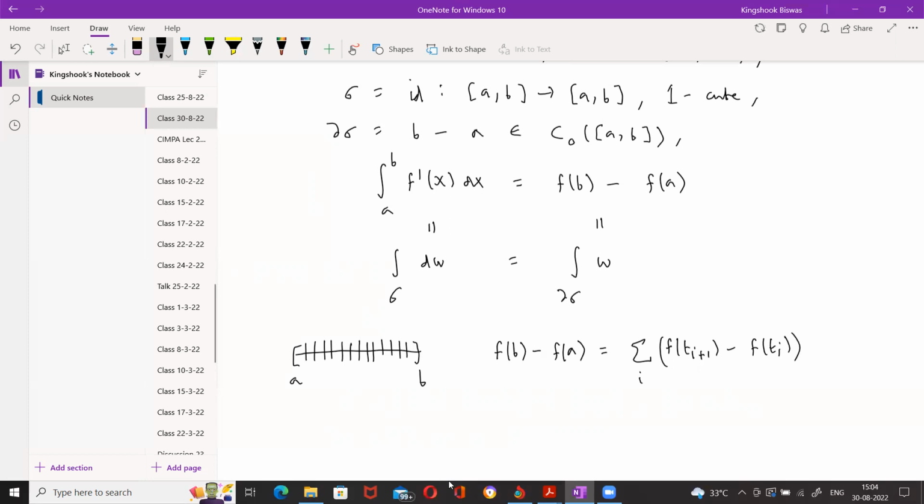That means the big difference is equal to a sum of small differences. The change in f from A to B is the same as the sum of these small changes.